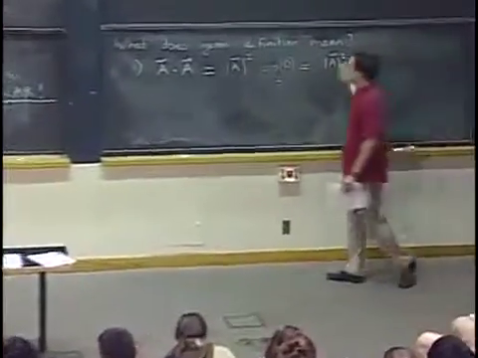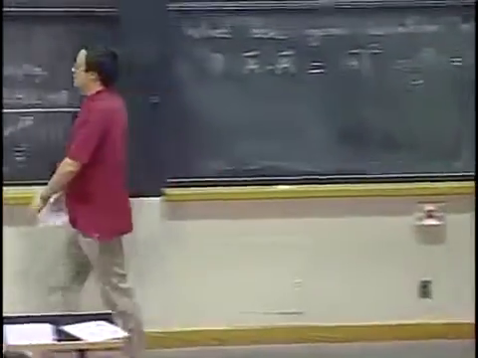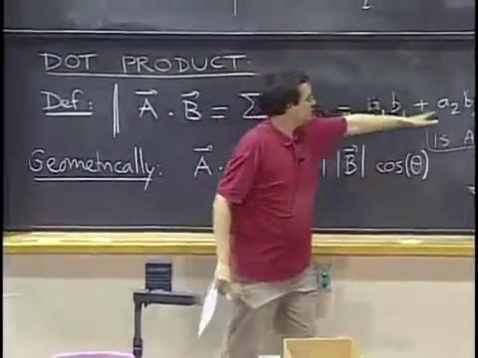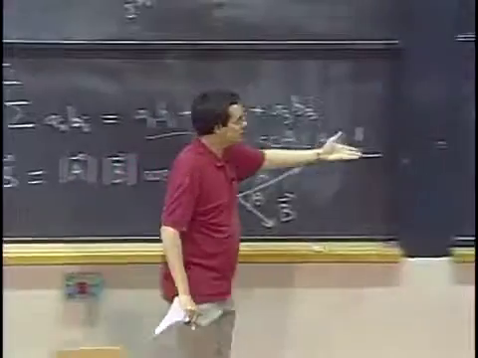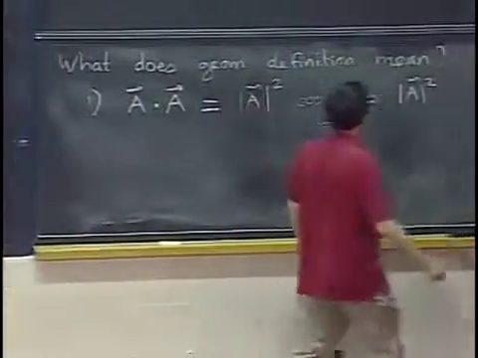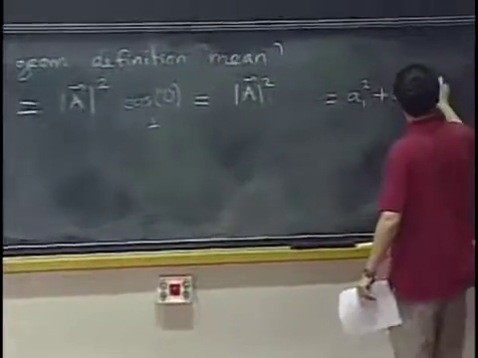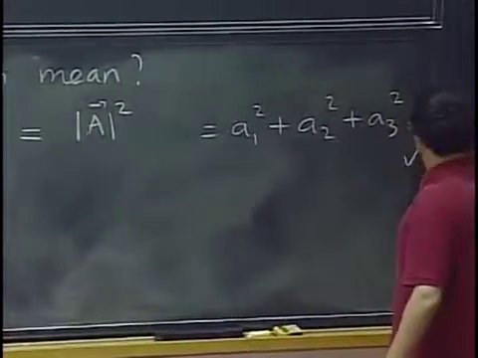Well, does that stand a chance of being true? Well, let's see. If we do A dot A using this formula, we will get A1 squared plus A2 squared plus A3 squared. That is indeed the square of the length. So check. That works. Okay?